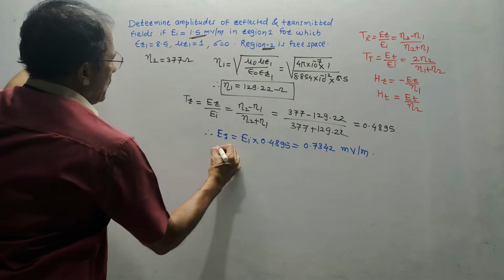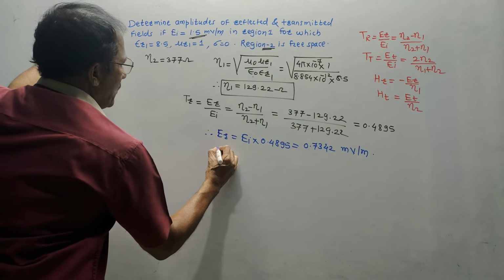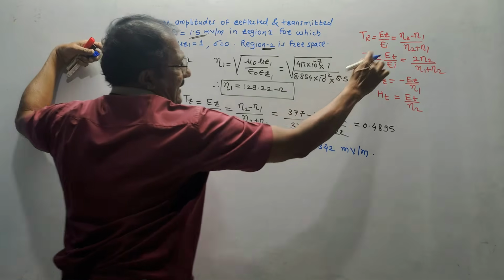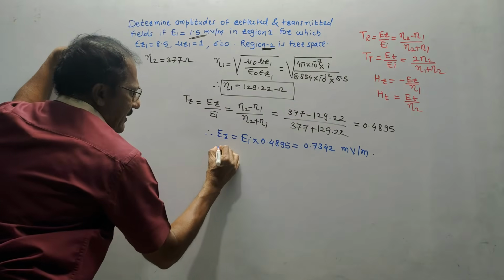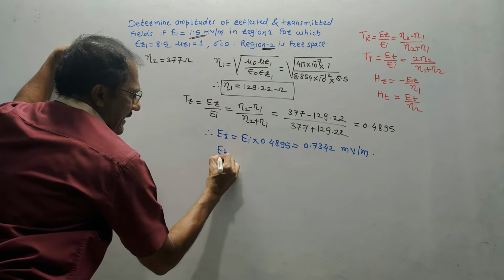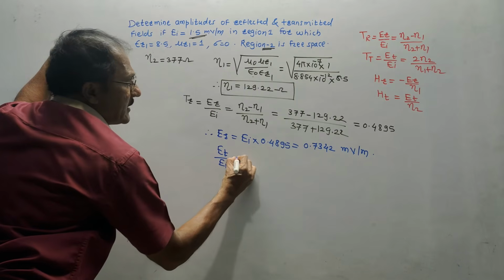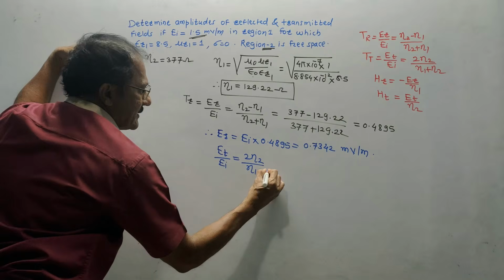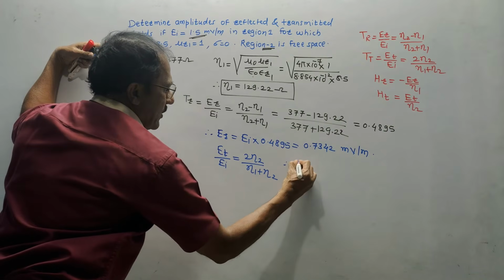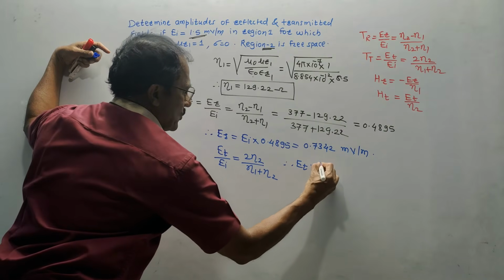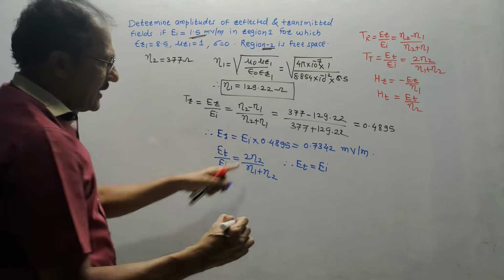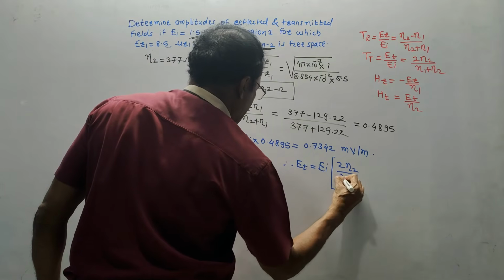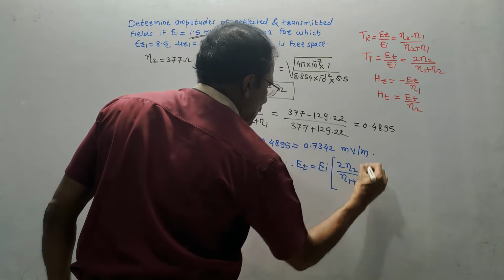Next, I need to calculate the value of ET. How to do the calculation? We have this formula, TT is ET upon EI. Directly I will write this formula as ET upon EI is equal to 2 eta 2 upon eta 1 plus eta 2. Therefore, ET is equal to EI, in the bracket 2 eta 2 upon eta 1 plus eta 2.